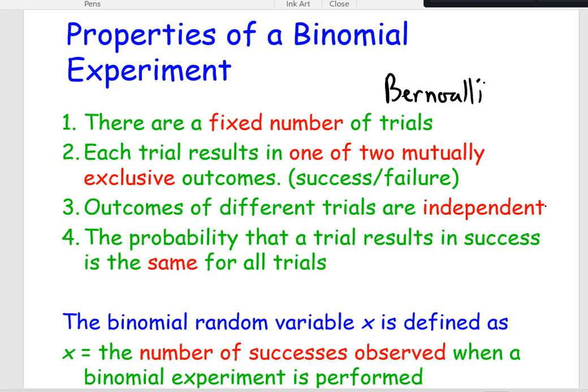That's what we were saying, success or failure. Outcomes of different trials are independent. So just like flipping a coin, we could flip heads 10 times in a row. The probability of getting heads on the next flip is still 1 out of 2, or 0.5. The probability that a trial results in success is the same for all trials. So that probability does not change.